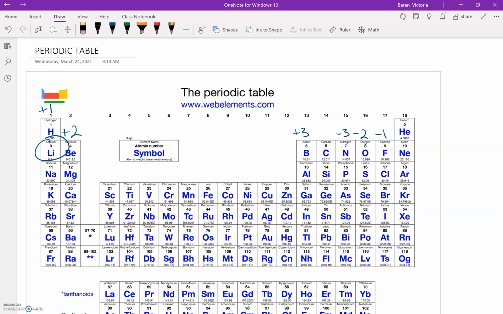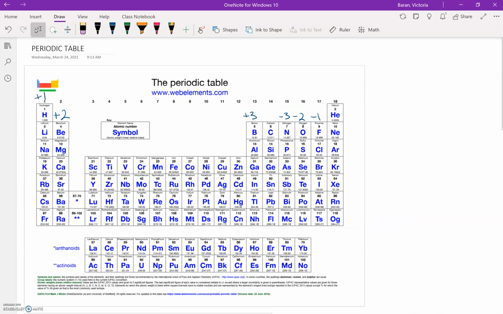It's in group 1, and group 1 as an ion would form a charge of +1. So lithium would be +1. And then oxygen here, which is in group 16, as an ion would form a charge of -2. So that's where I'm getting those charges from.